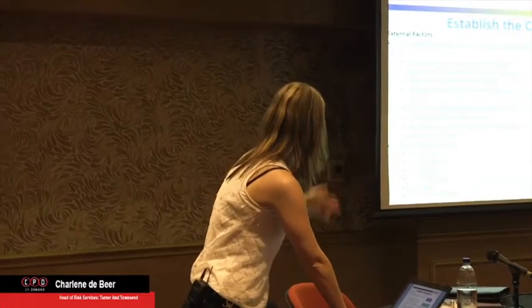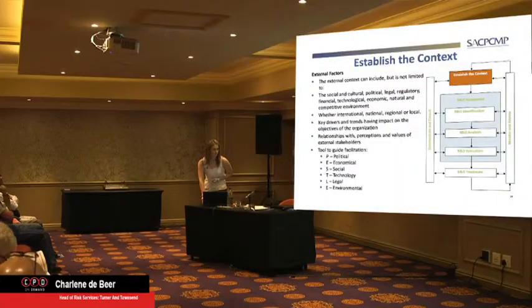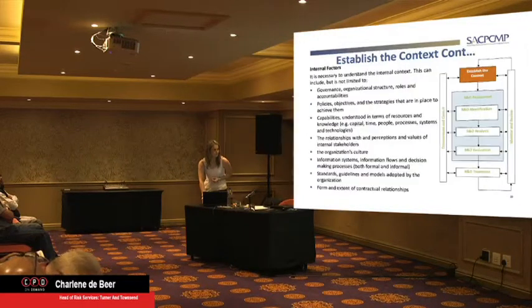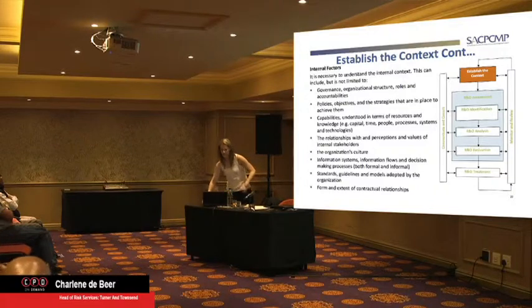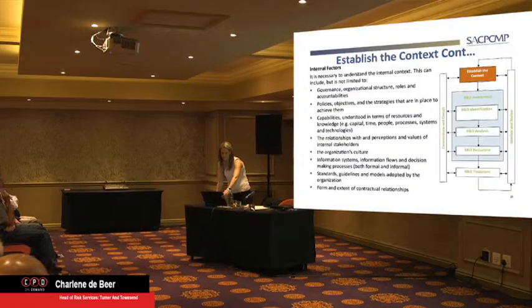So there we, for example, have the external factors that could play a role. You have your internal factors, which is basically governance. We spoke to corporate governance earlier on. Your policies, objectives, and the strategies, and how you are planning to achieve them. And then your capabilities. Do you have enough money?